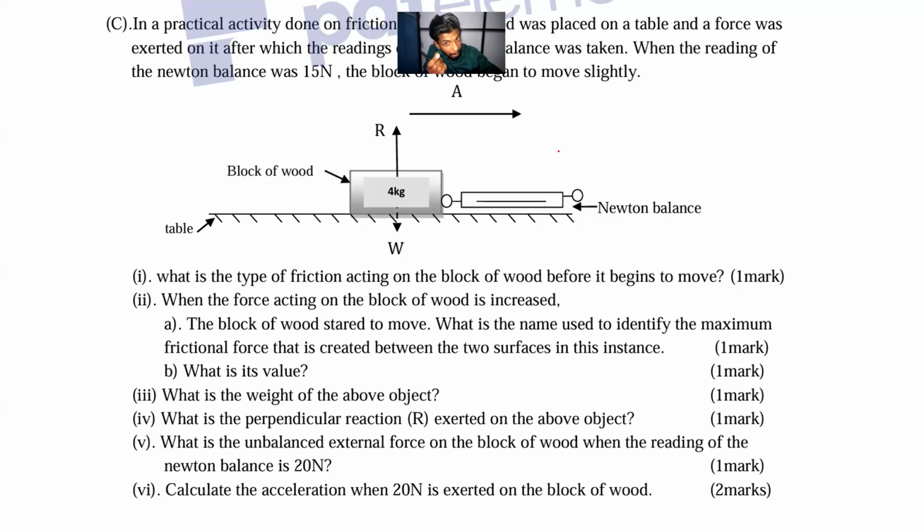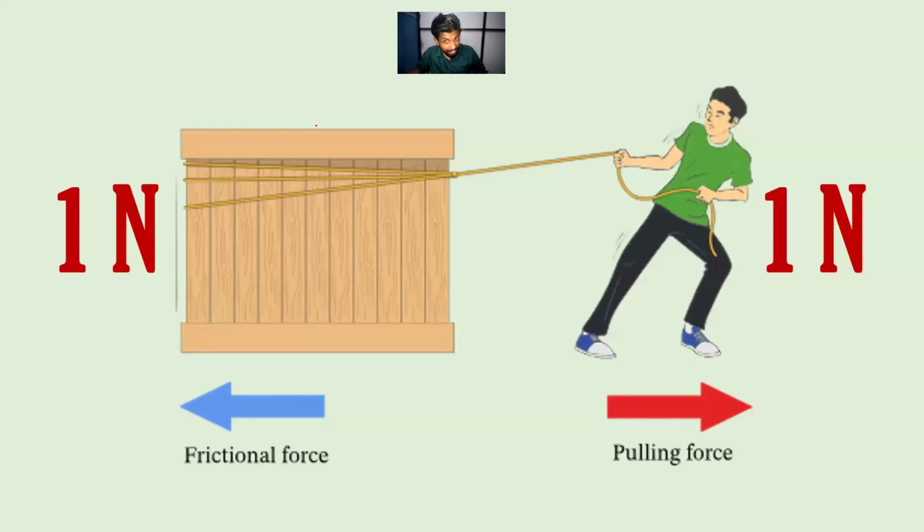But when I am applying 15 Newton, then the object starts to move. In the example, I got 10. But here in this question, they have clearly mentioned 15 Newton, not 10 Newton. So here, the limiting will be 15. But in the example, the limiting was 10.